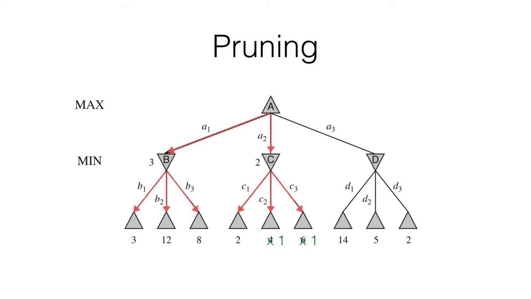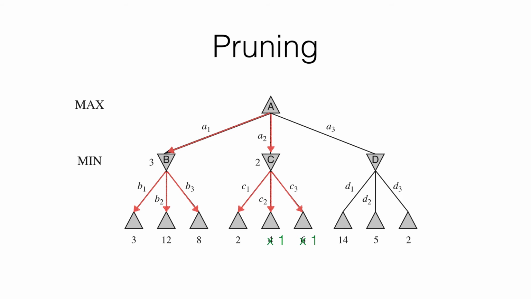Right, so the reason is, again, the max player is trying to pick a minimax value that is as high as possible. And action A1, we've already figured out by exploring the entire subtree of B, will give us a minimax score of 3.